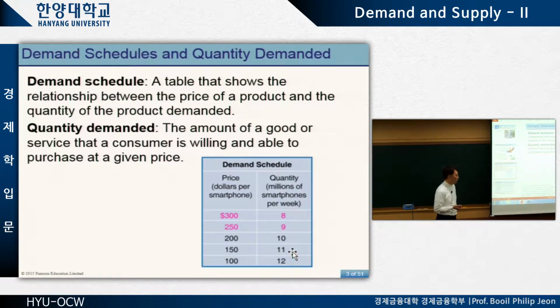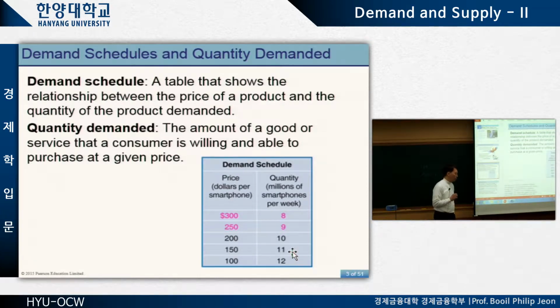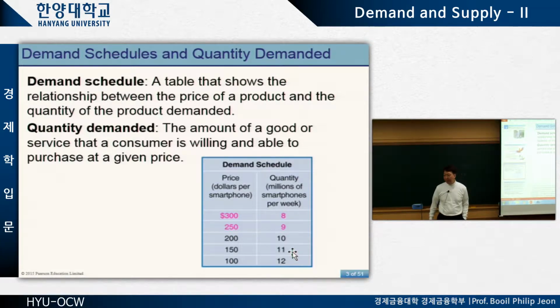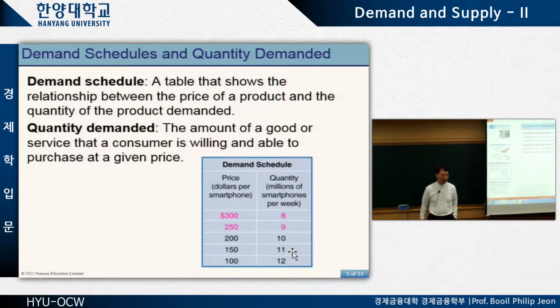But if people do not have the ability to pay for it, in other words, if you don't have any money, then no matter how much you desire or want, there is no way you can convey your desire and wants to the market. So demand requires not only the desire but also the ability to pay. Make sure you understand that.